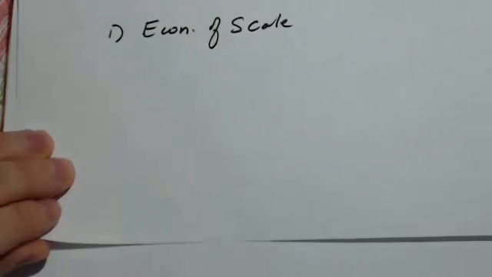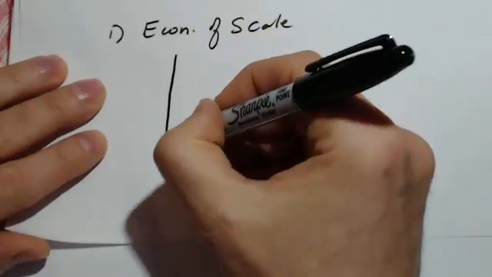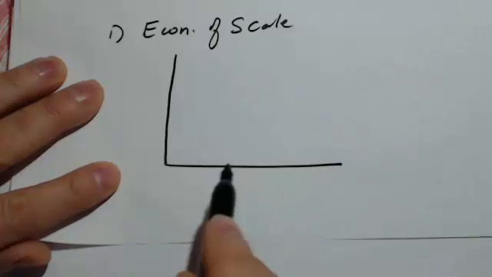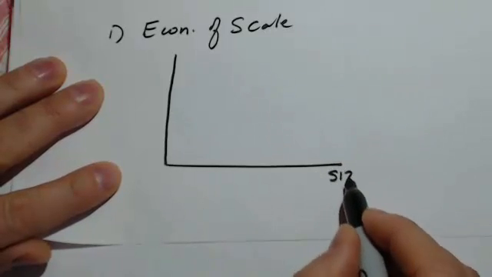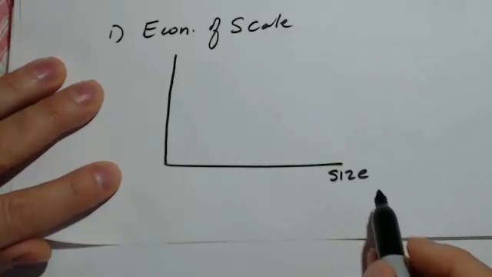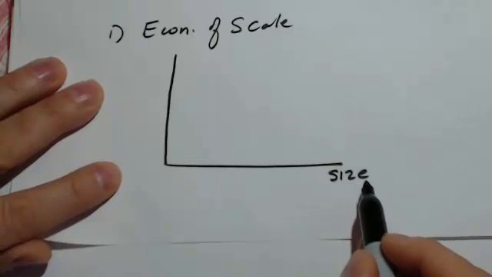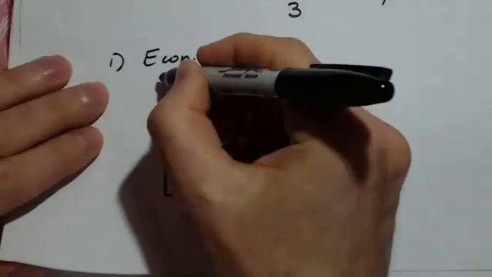And economies of scale basically mean, if you remember back from your microeconomics, they drew a graph and put on this axis the size, and in the context of what you learned in micro, it would usually be the size of the plant, the size of the firm. And then here they would have some type of cost.